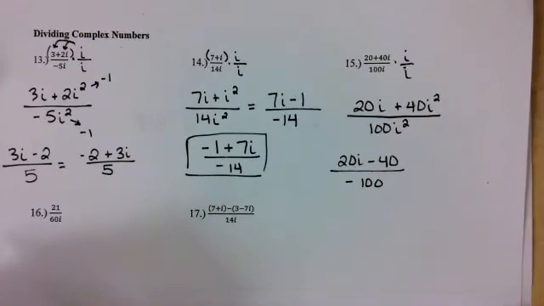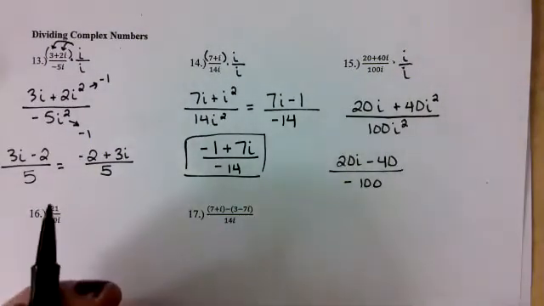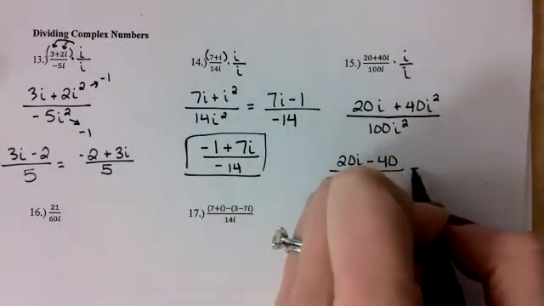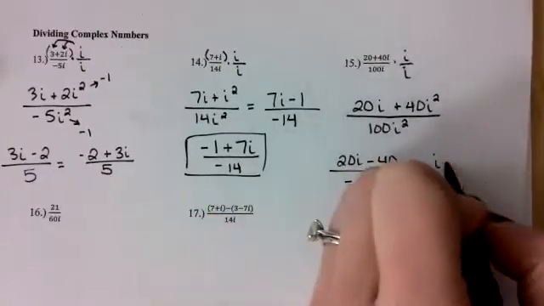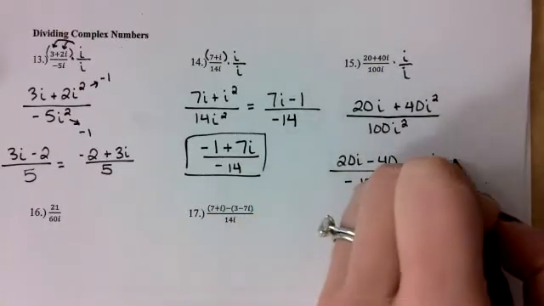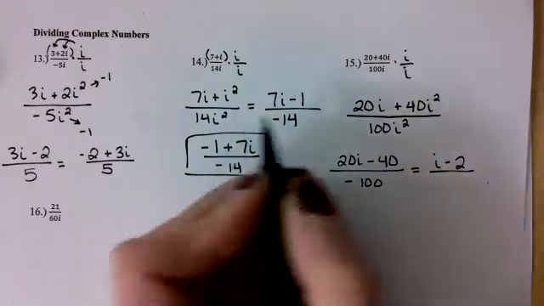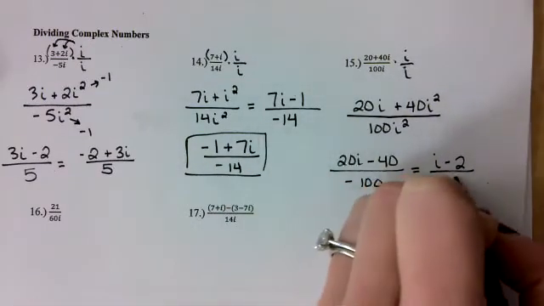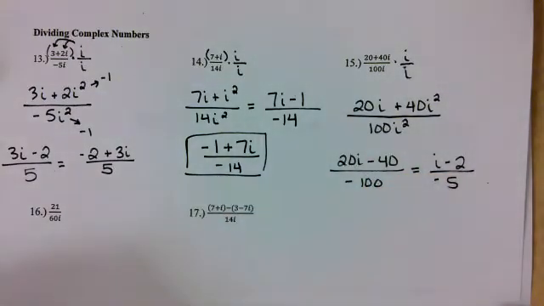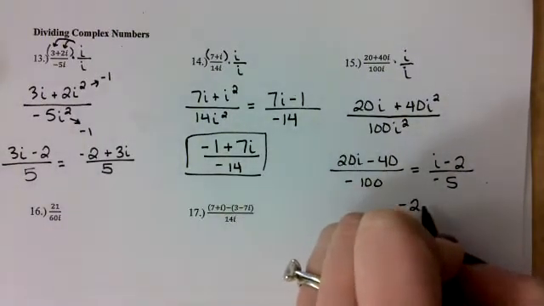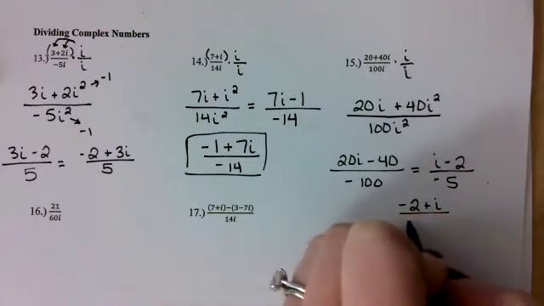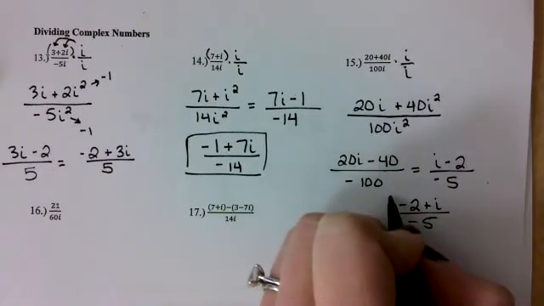If I simplify this down, I could divide by 20 across the board. So this will give me i minus 2 over -5. Rewriting it, I get -2 plus i over -5.